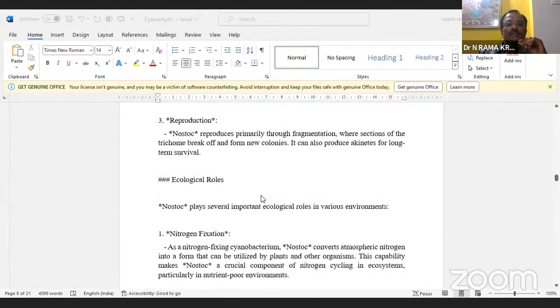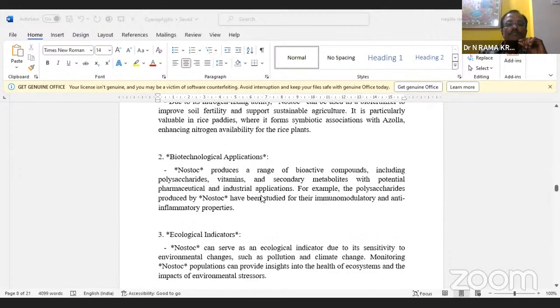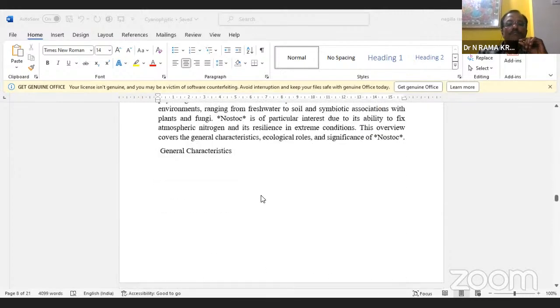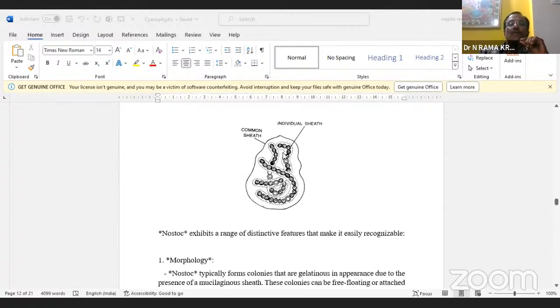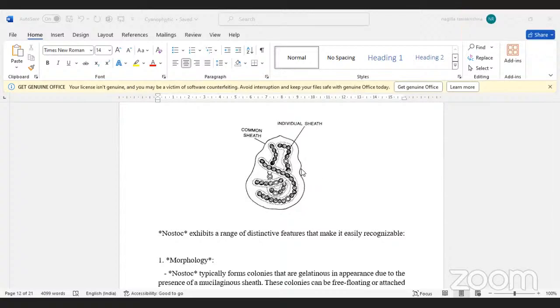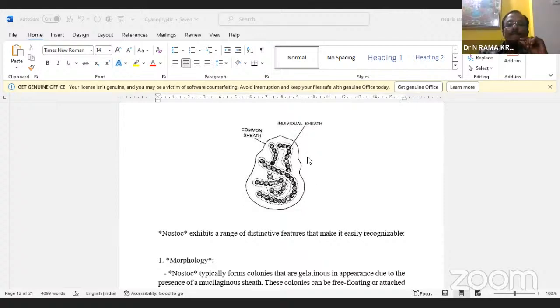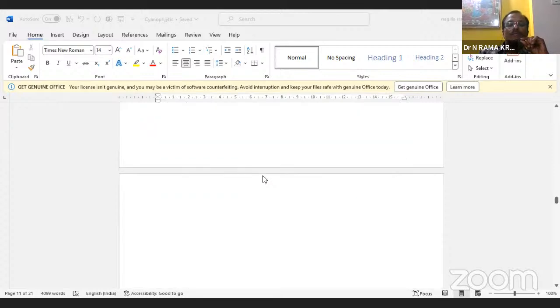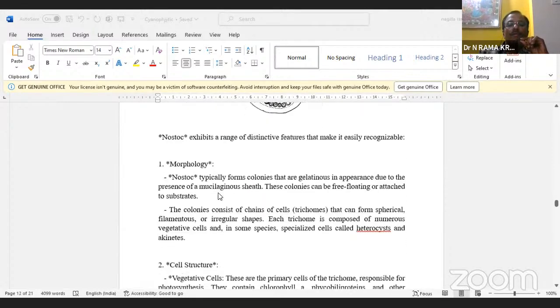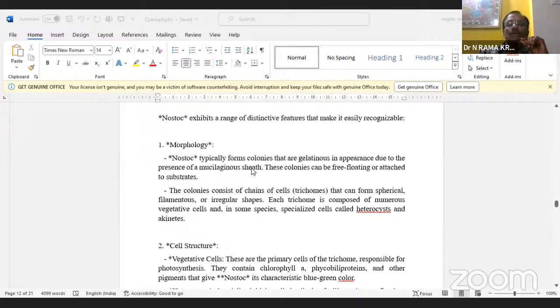Where is the diagram here? Yes, now you see here, this is nostoc. Diagram is visible. So you have already completed the practical classes.